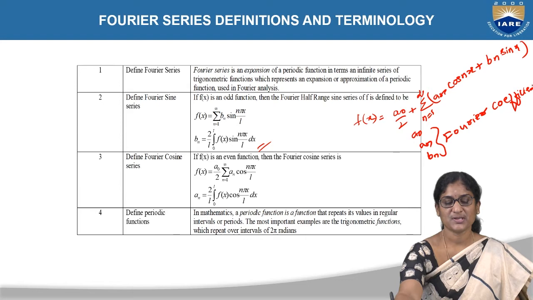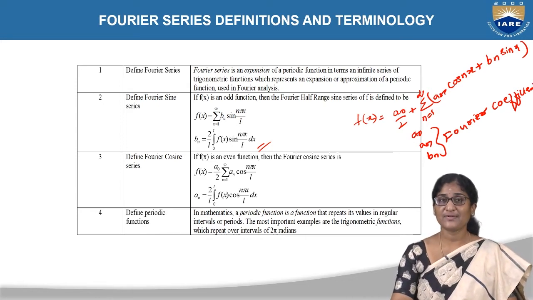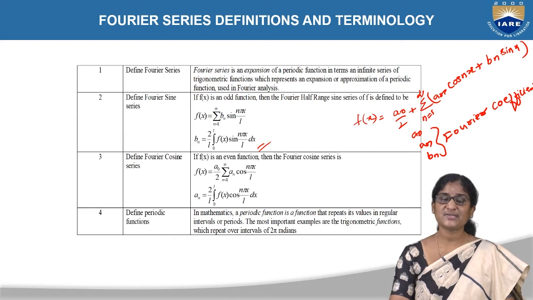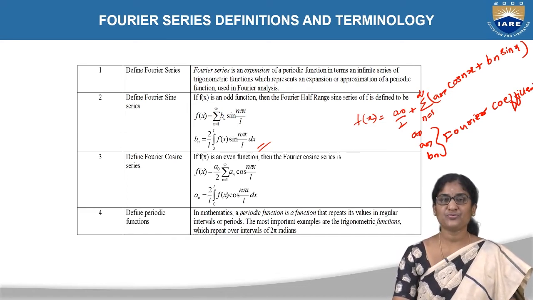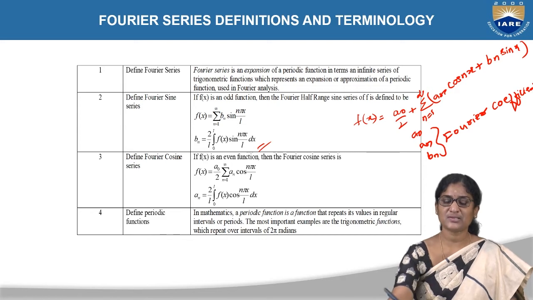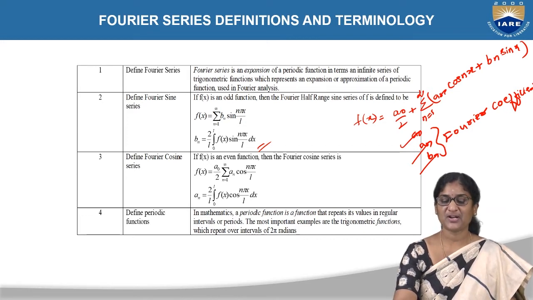For a few intervals the function is neither even nor odd, or sometimes you will be asked only for the Fourier series. In that case, all three Fourier coefficients we need to find, where a0 takes a different value, an takes a different value, and bn takes a different value.